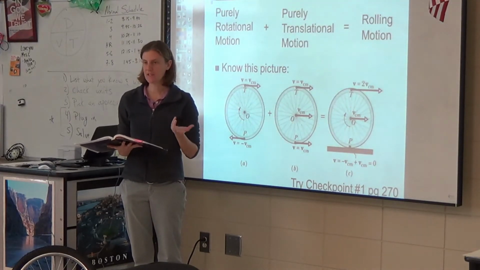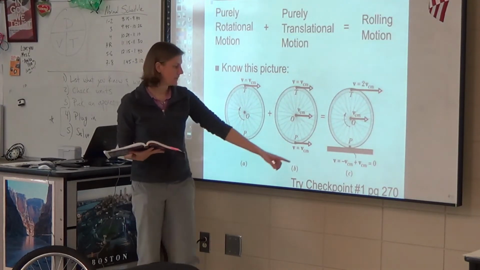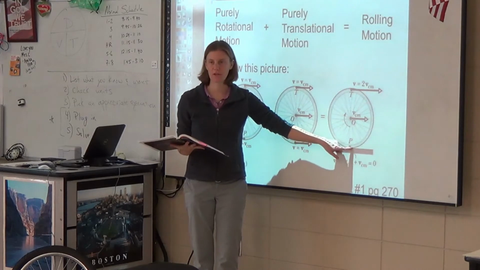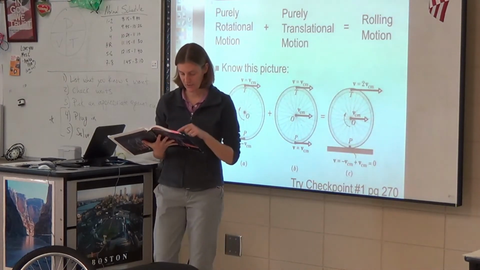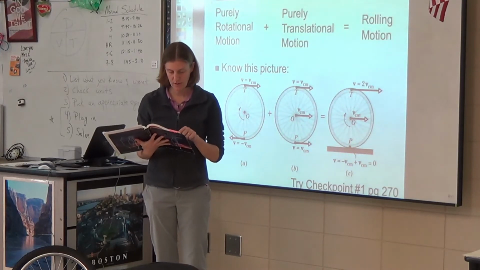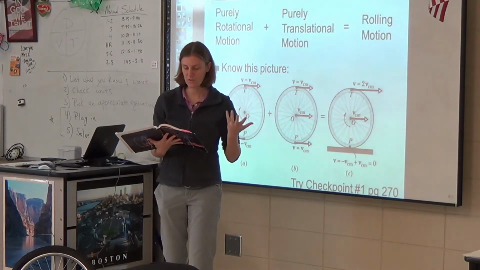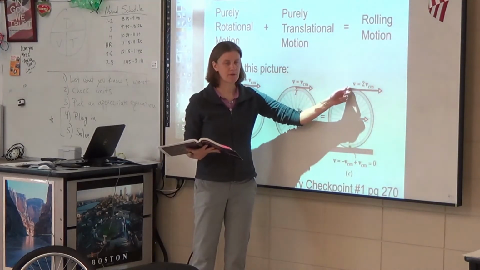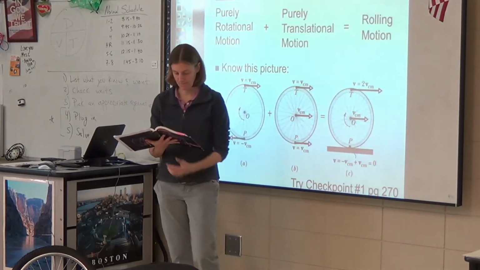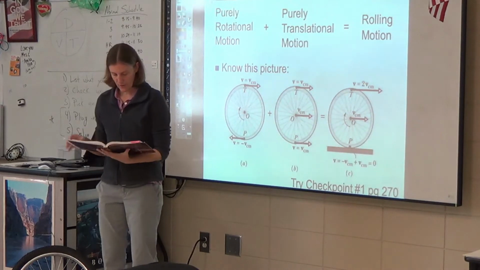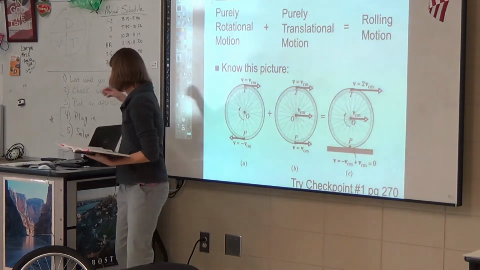Where is it the least blurry? The bottom, where it is not moving at that point. Now the top, especially if you're looking at the little spokes, they become more and more blurry, and it's the most blurry at the top, where that would be going twice as fast as the center of mass, and the bottom, 0. All right, so we're going to do checkpoint number 1 right there.